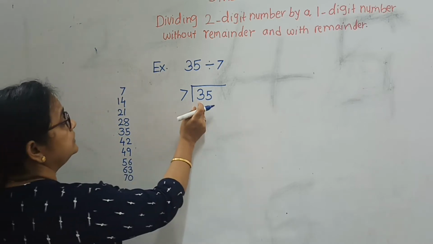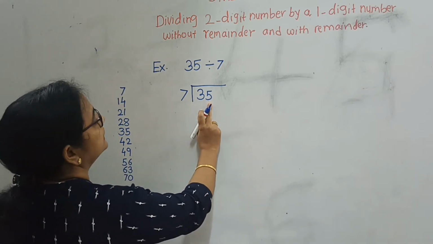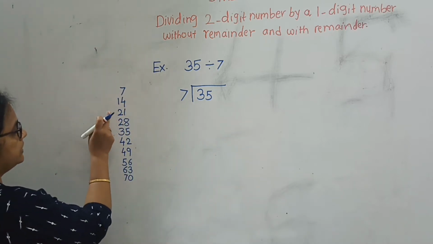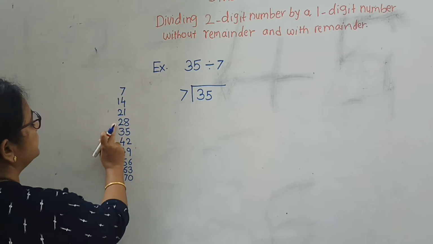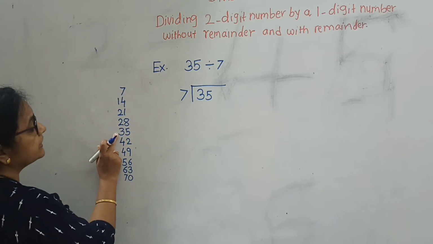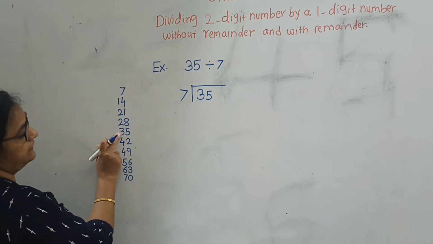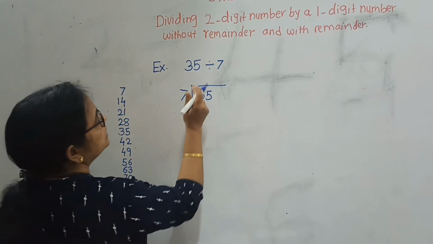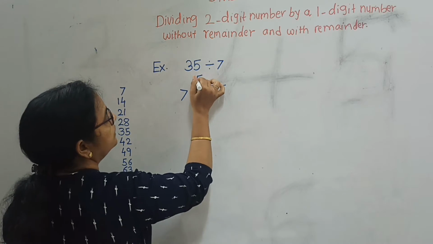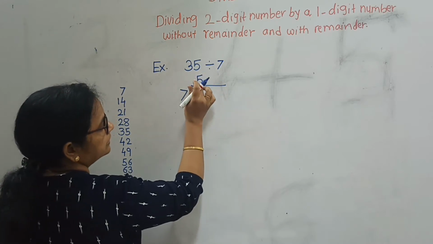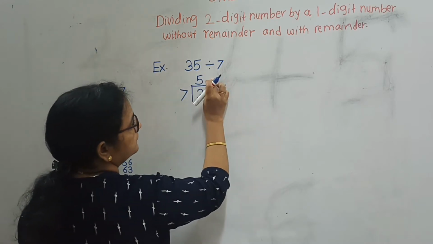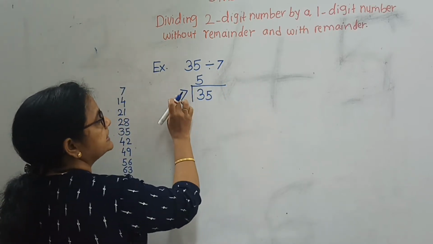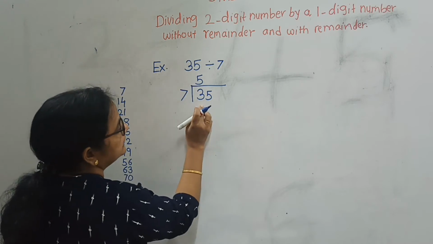Now see, here is the number 35, and here 7 5s are 35. So you have to write this 5 up here. Here is the quotient.